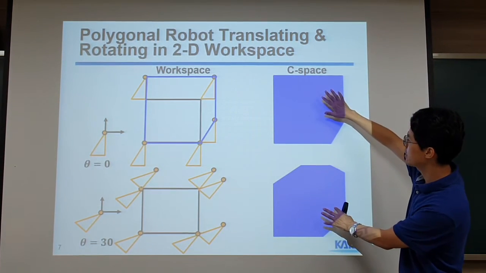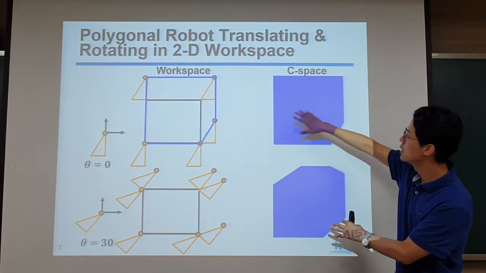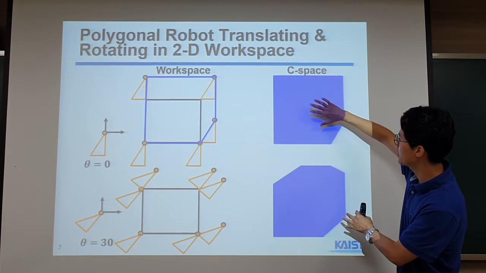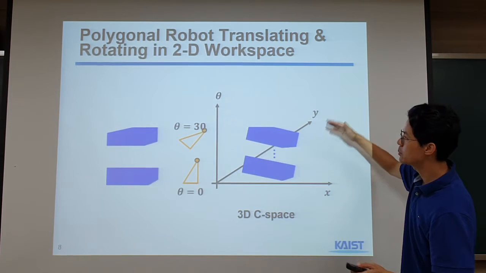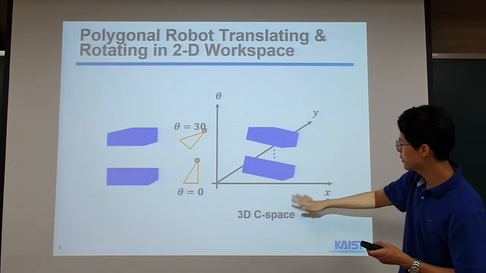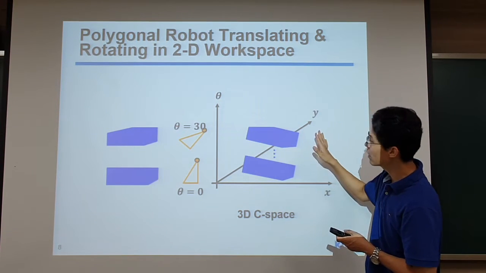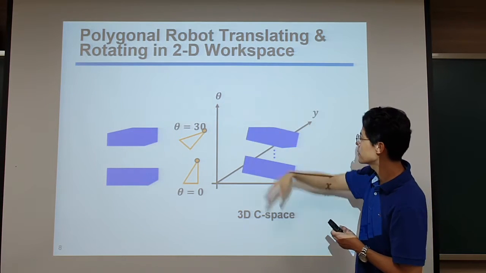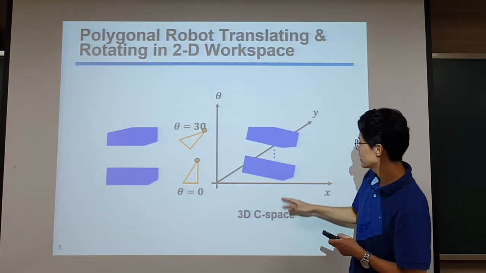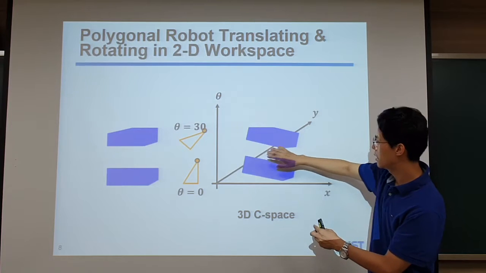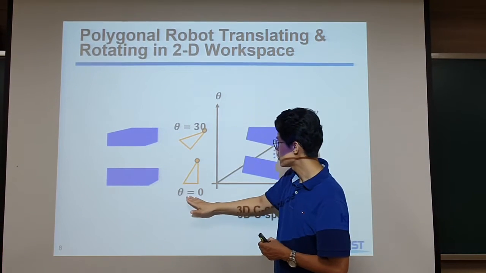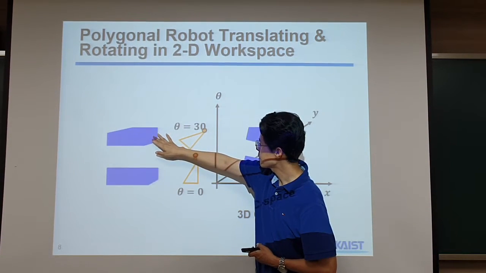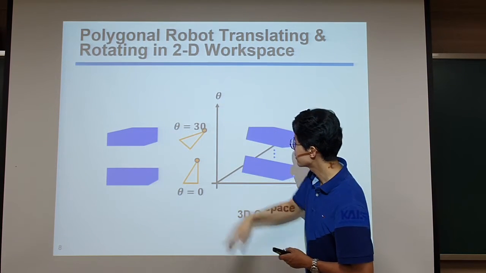As we change the orientation, the 2D C obstacle space changes. If we put them together in the 3D C space, with x and y of the reference point and also the orientation, you can see this is the C obstacle space at theta 0, and this is the C obstacle space at theta 30 degrees.